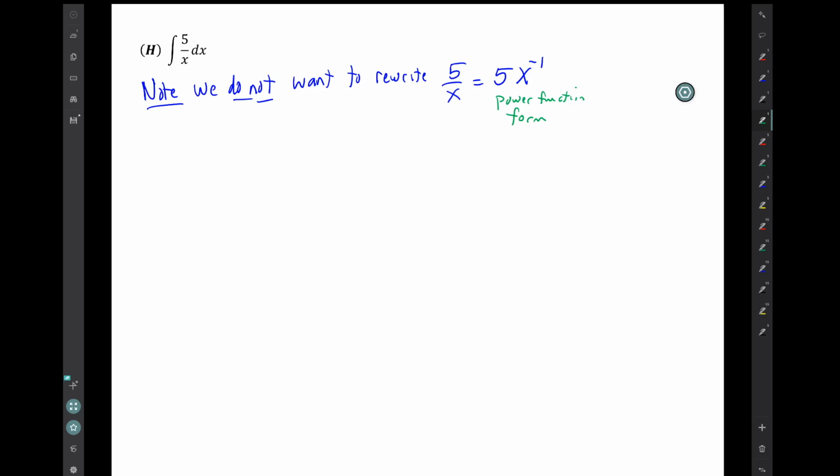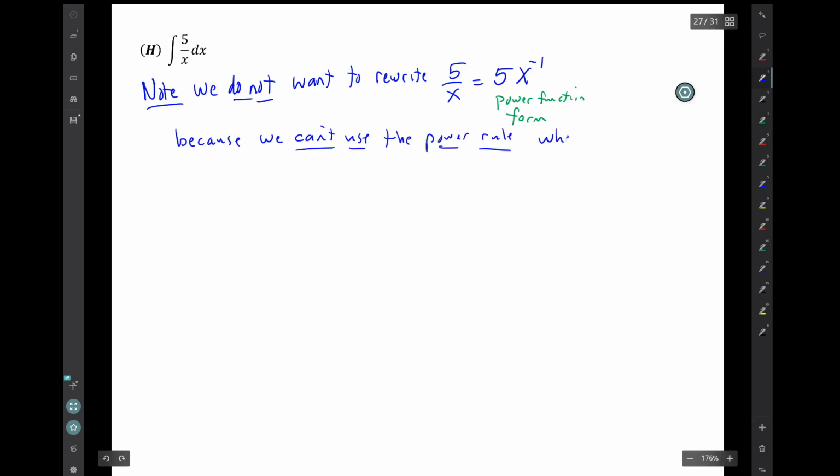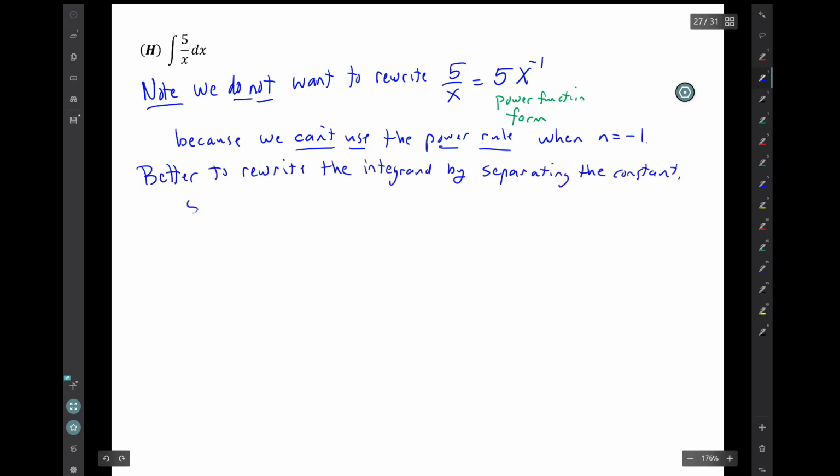That's power function form. The reason is we can't use the power rule when n equals -1. It is far more helpful to simply separate the constant 5 from the function. So 5 times 1 over x is actually a form that we can use.